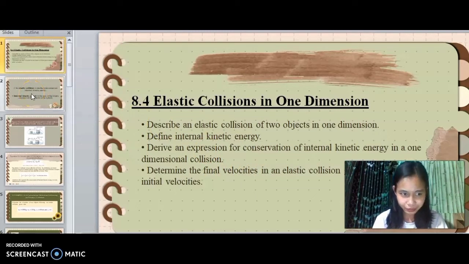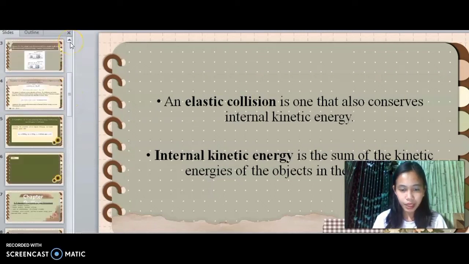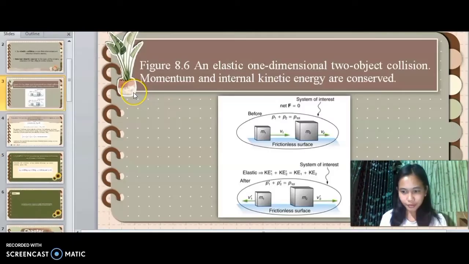So, next is what is an elastic collision? An elastic collision is one that conserves internal kinetic energy. Internal kinetic energy is the sum of the kinetic energies of the objects in the system. So we need to remember that.